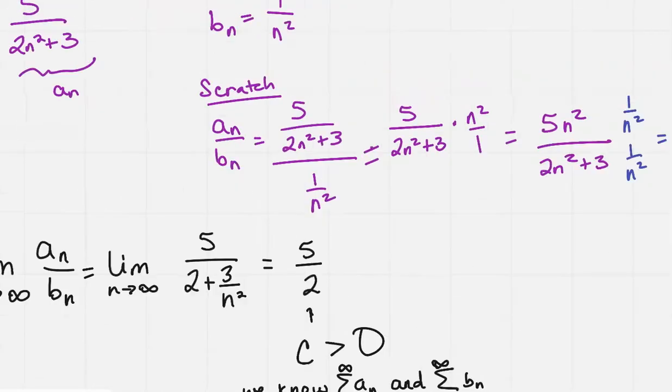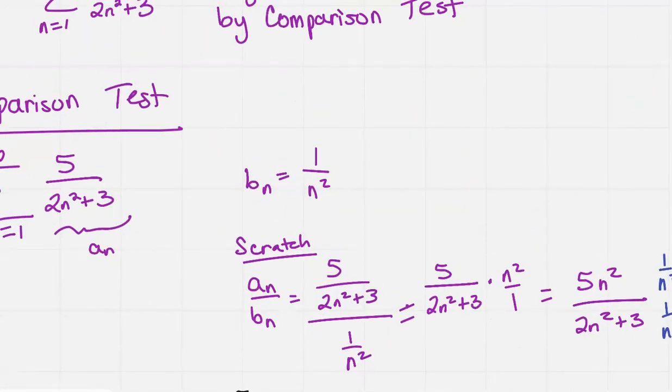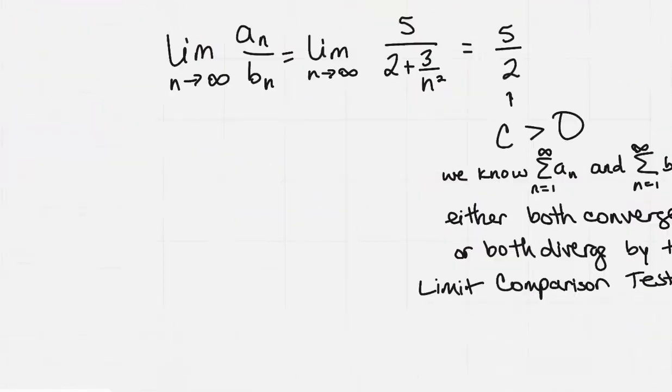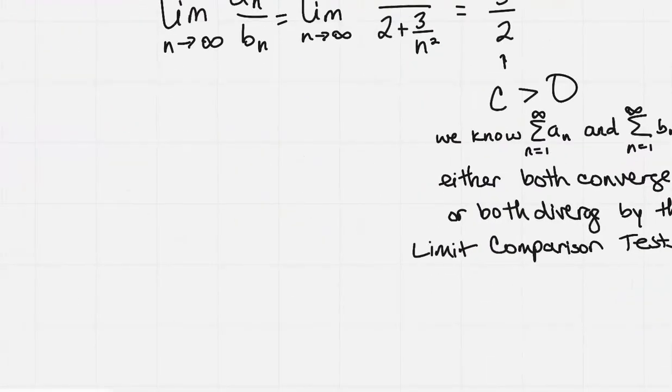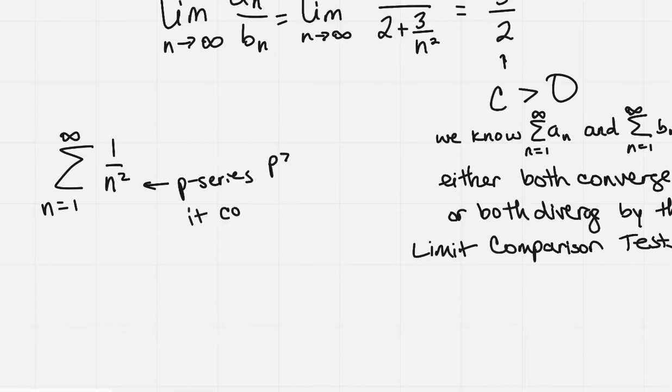Well, the reason we chose the b sub n in the first place is we wanted something nice to talk about in terms of convergence. So let's look at the series of 1 over n squared, n goes from 1 to infinity. Because this is a p-series, we know it converges, since p is greater than 1.